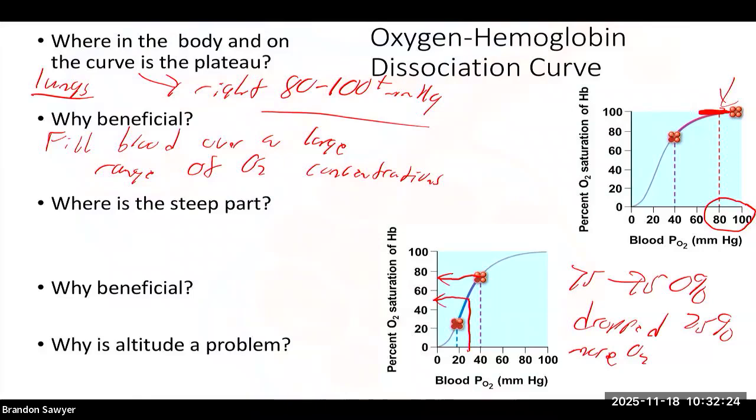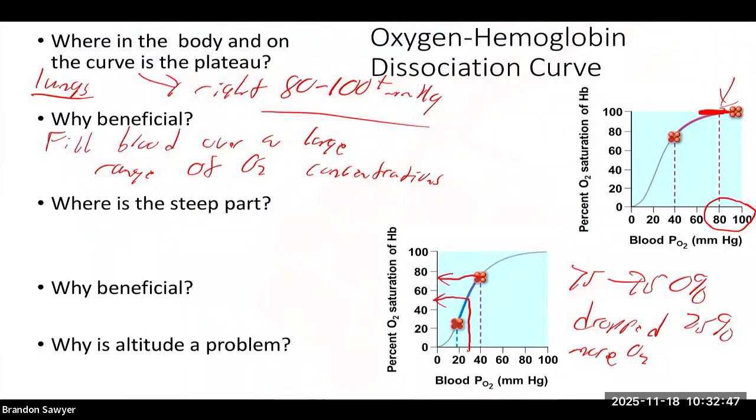So with a pretty small change of oxygen concentration that we can elicit by using up oxygen in our cells, we drop off way more oxygen, because the curve is so steep right here. If it was flat there, it wouldn't change how much oxygen we dropped off. So this is why that's really helpful.